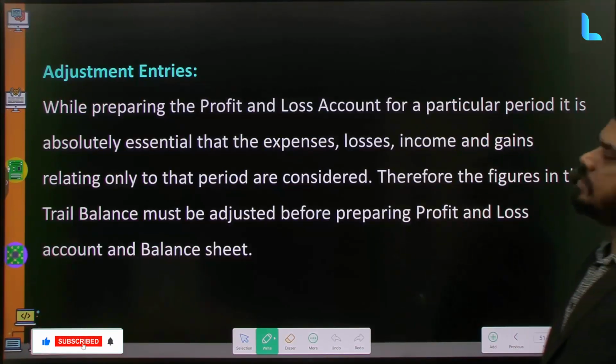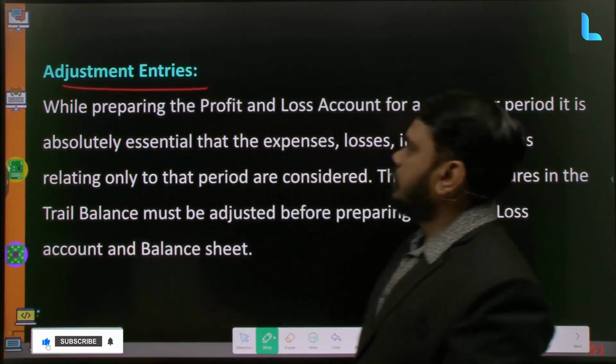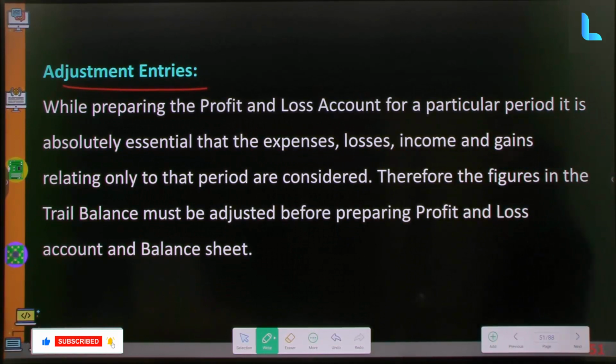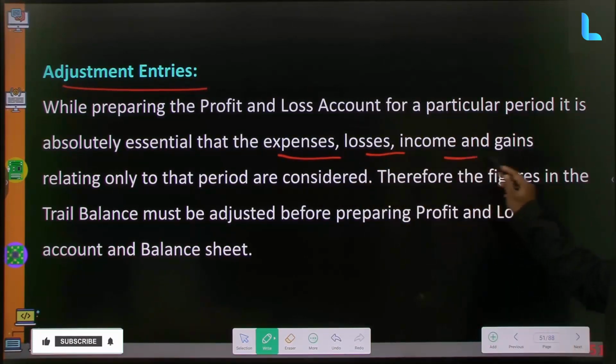Next are the adjustment entries. What are adjustment entries? Whenever we are preparing the profit and loss account for a particular time period, it is absolutely necessary that all the essential expenses, losses, incomes, and gains are considered for that particular time period only.